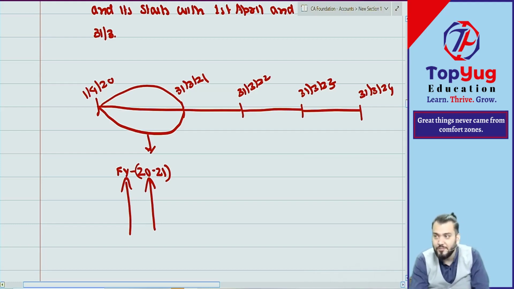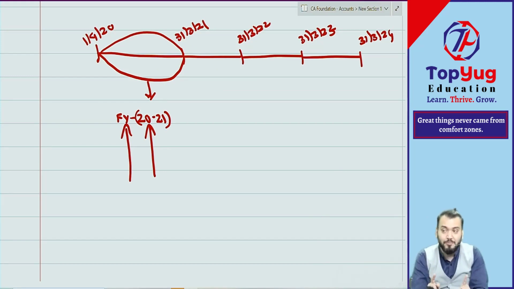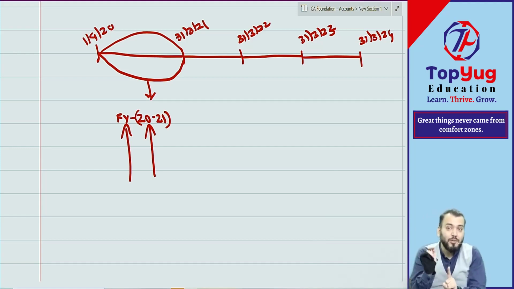Correct? Understood? I'm just giving one example. Income of 2021 should be recorded in 2021 only. Expense of 2021 should be recorded in 2021 only.